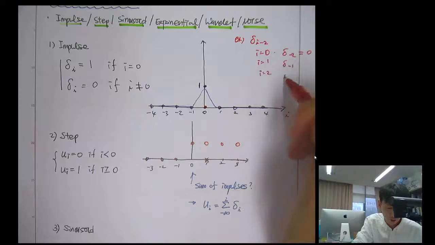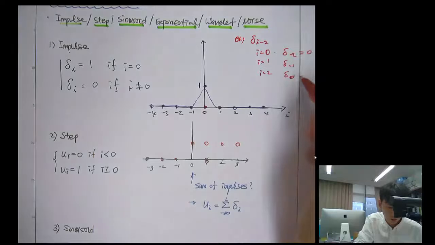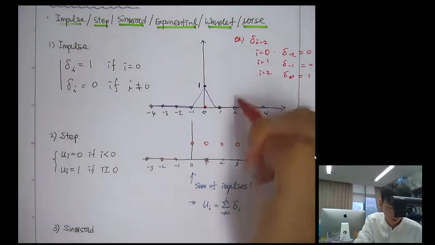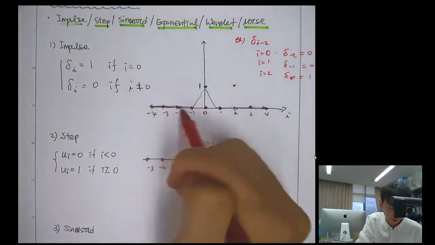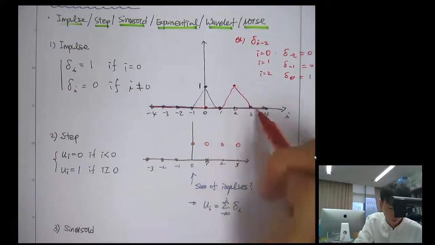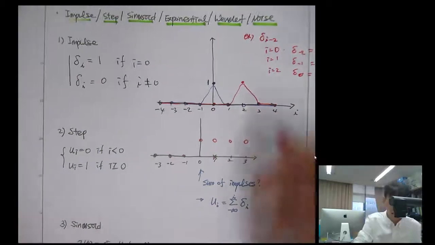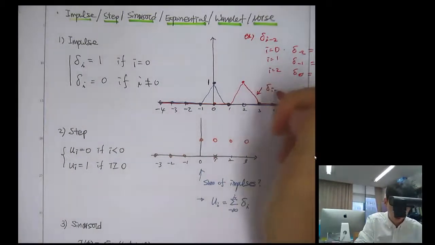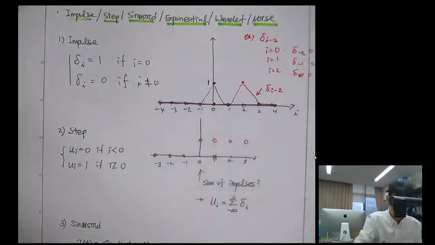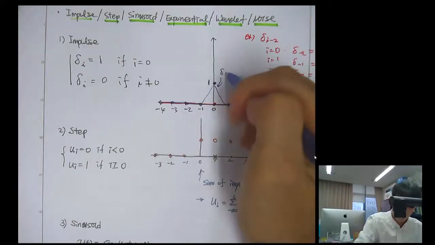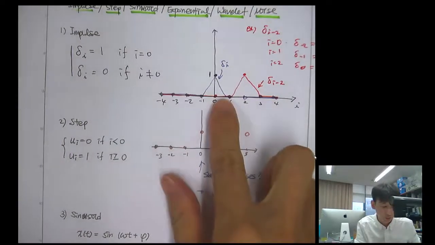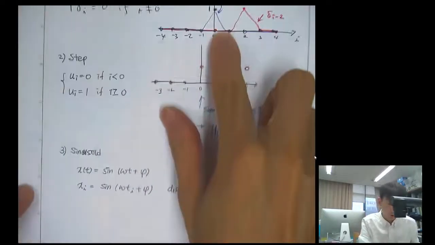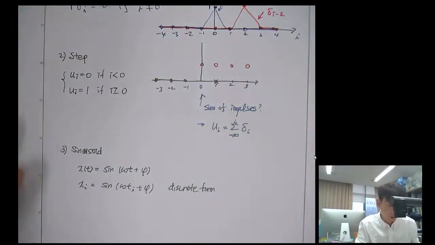When i is 2, delta will be 0, and delta 0 is 1, so here, and 0, 0, 0, 0, 0. So this is delta i minus 2, and this is delta i. This is called the impulse signal, or impulse function.